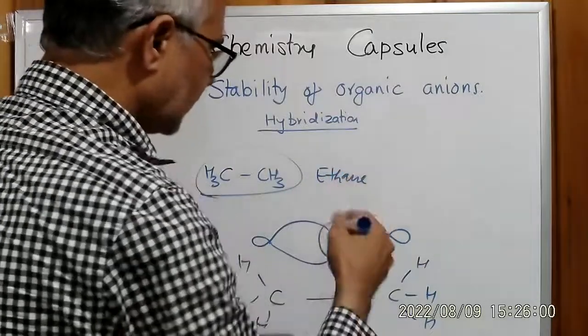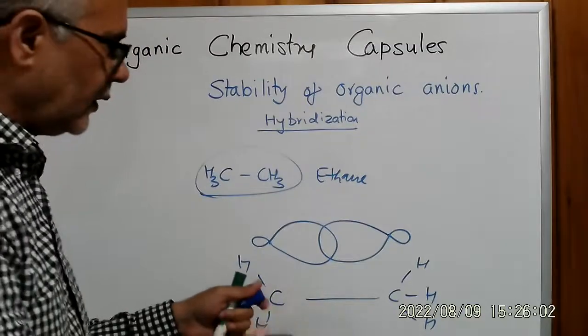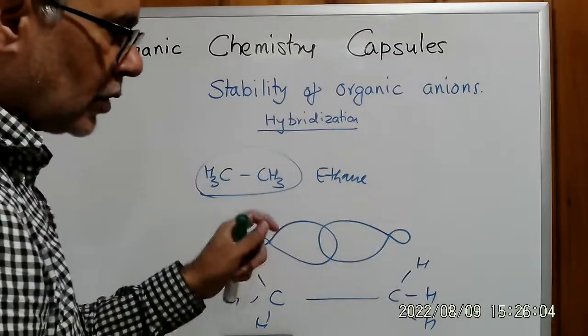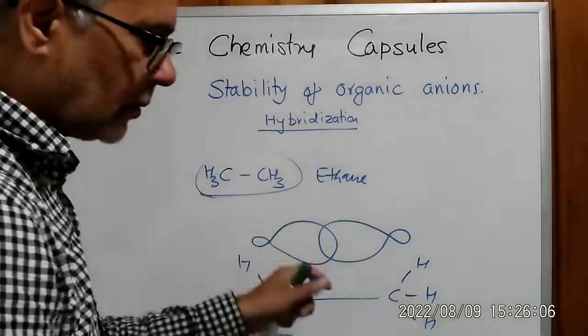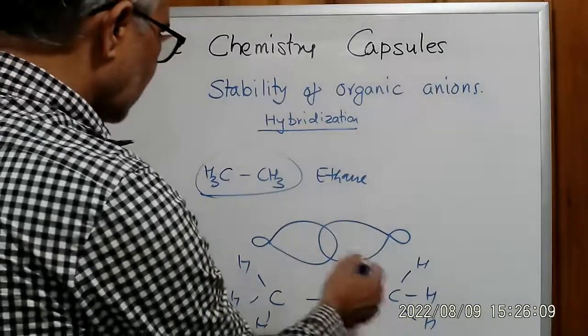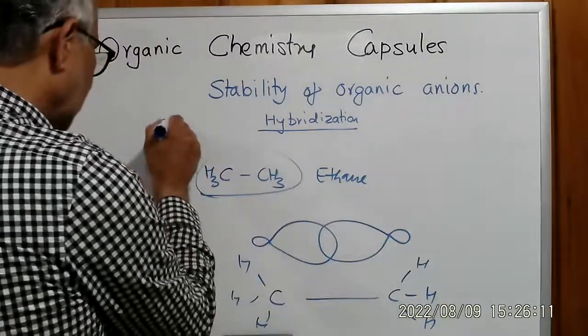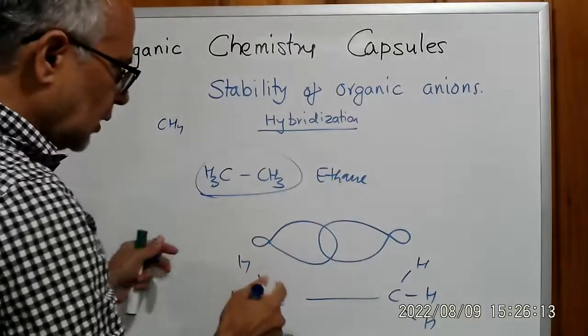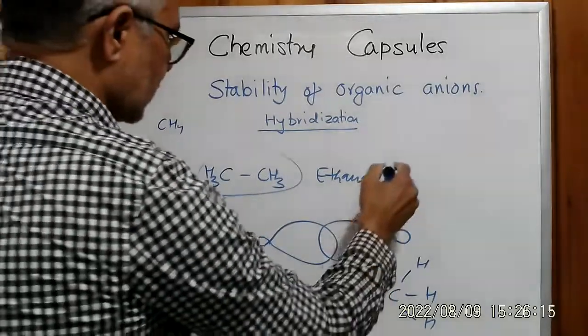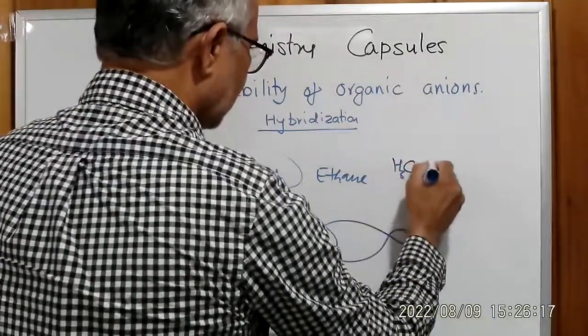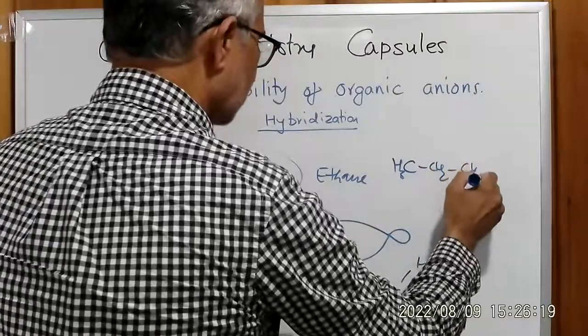Alkanes, as you know, we talked about that in previous videos, are organic compounds that have carbon-carbon single bonds. The simplest one is methane, the next one is ethane, and then propane, which is like this, CH3, CH2, CH3, that's propane.